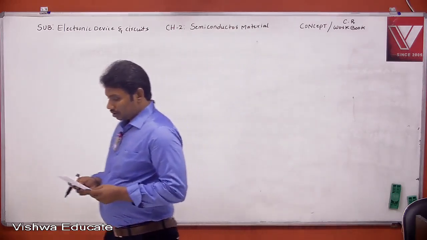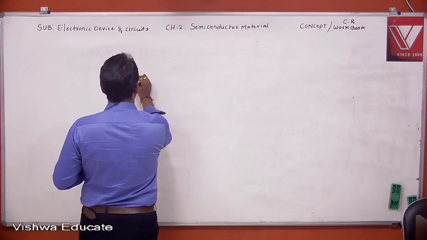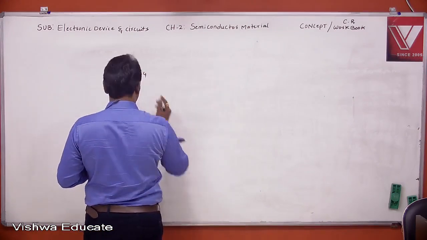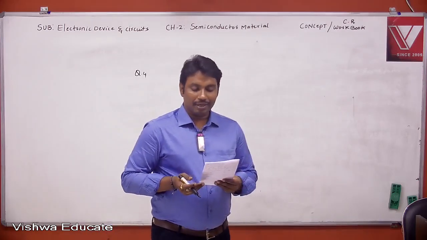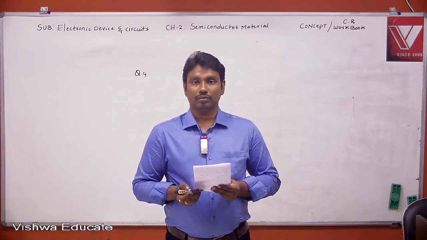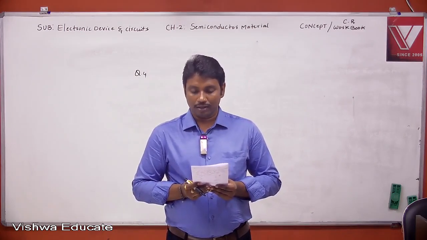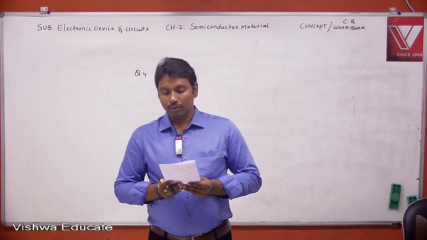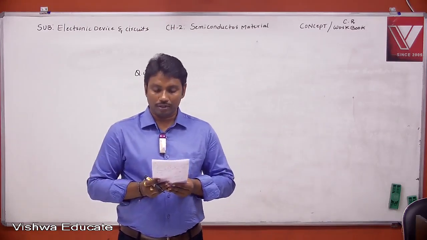In your classroom workbook, question number 4. A pure silicon sample is doped with 10 power 14 boron atoms.